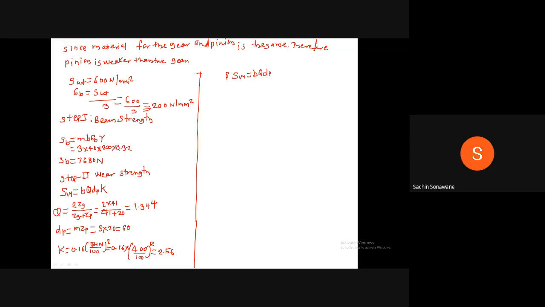Once again I will write down the formula, dpk. What is the value of B? B is equal to 40 into, what is the value of Q? 1.344 into, who has roll number 67? Hello, roll number 67.